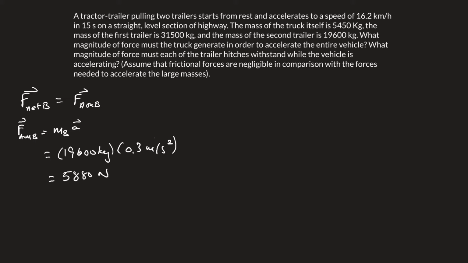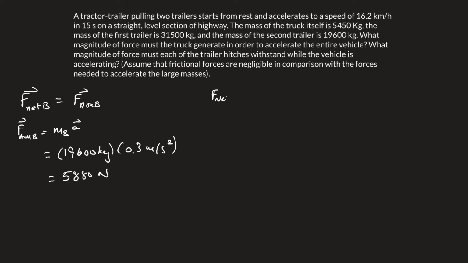Lastly, we're going to look for the force on A. So F net of A is similarly the mass of A times the acceleration on A. Now this one's a little bit more complicated because F net A, which is MA a, is going to be equal to the force of T on A minus the force of B on A. Go back and take a look at the free body diagram if you're unsure where those two components are coming from.